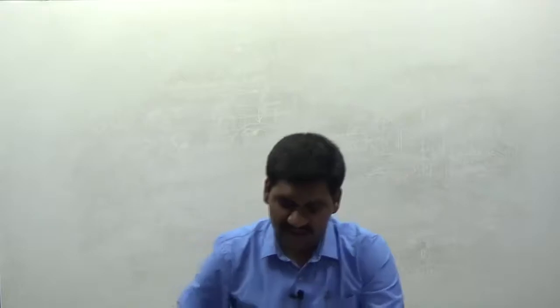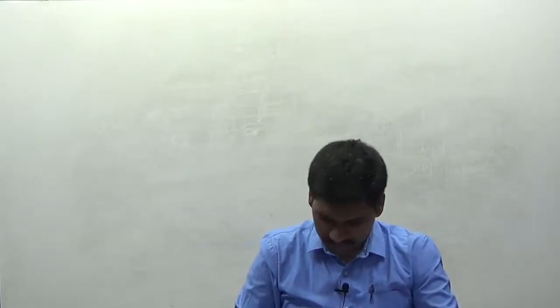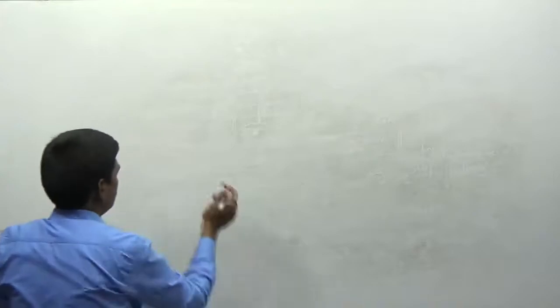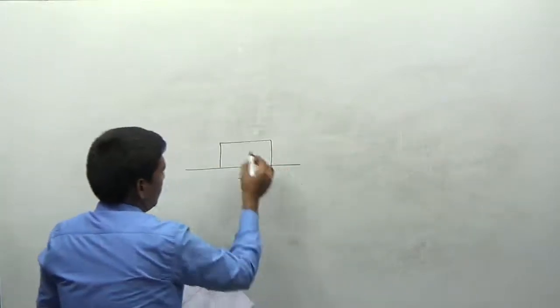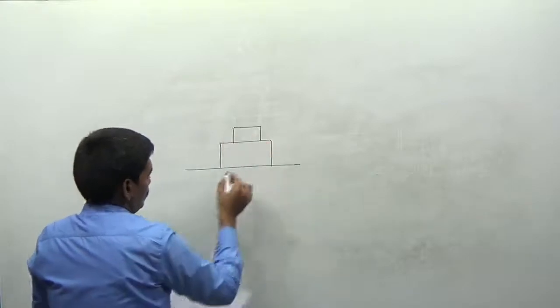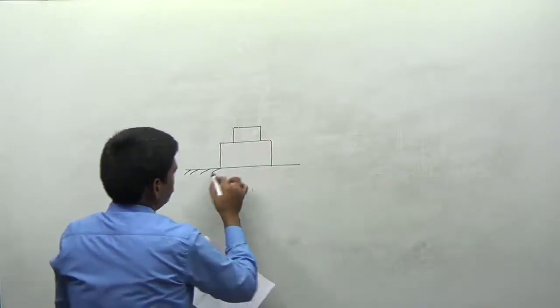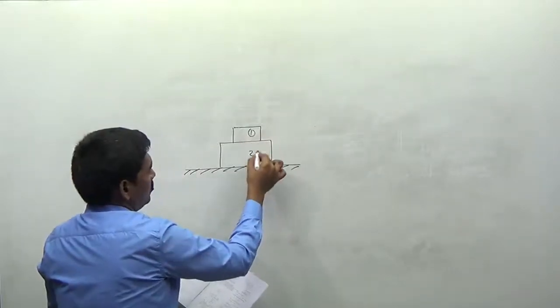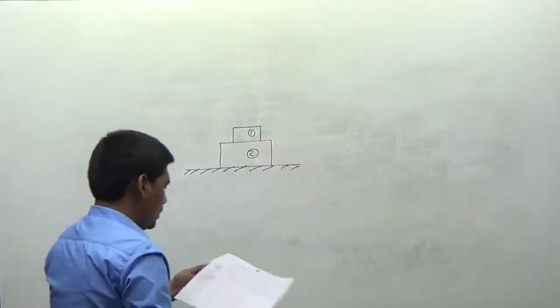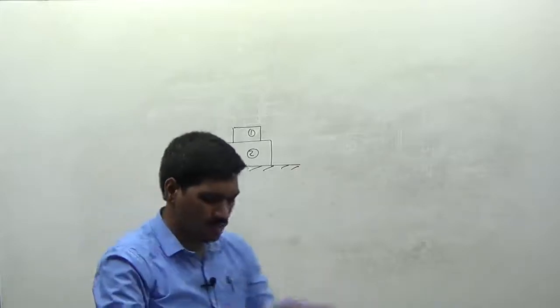Okay, I will just draw the diagram, then you can understand clearly. The diagram may not be given in the question. So I have the 2 books here. Let us take this as book number 1 and this as book number 2. Let me write the given data for this problem.